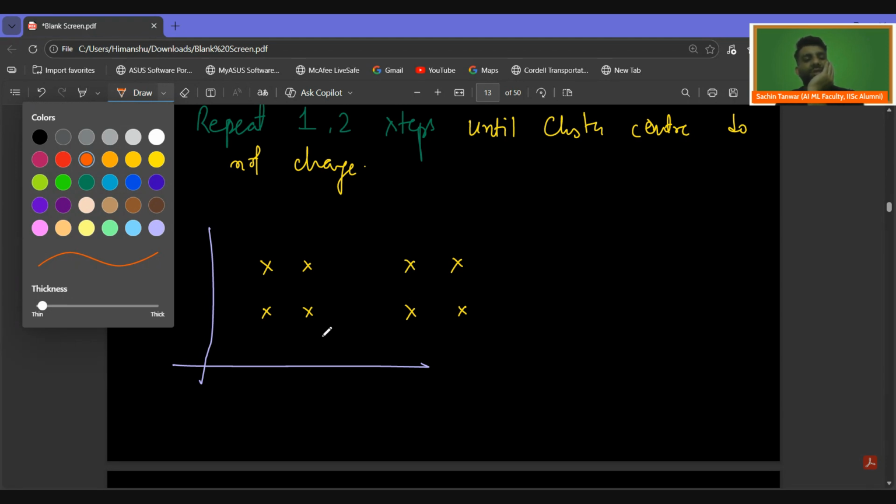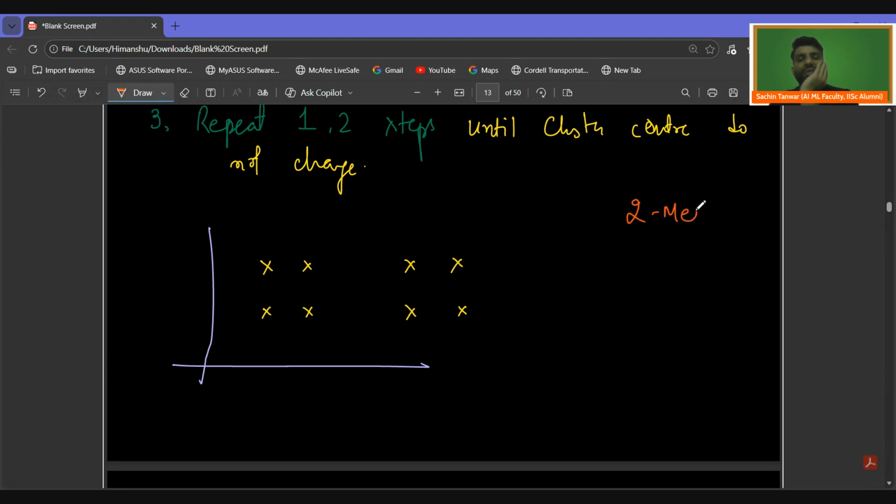So this should be the first cluster, and this should be the second cluster. I'm considering a 2-means problem right now. Now, depending upon how I initialize it, if I initialize it like this, C1 cluster, C2 cluster, so this is just initialization.